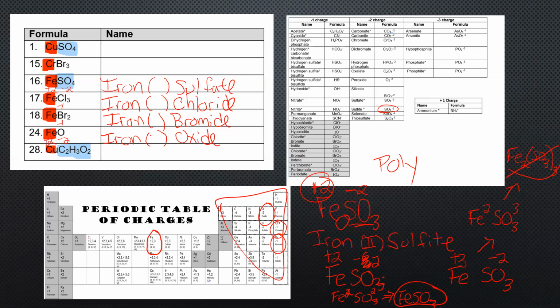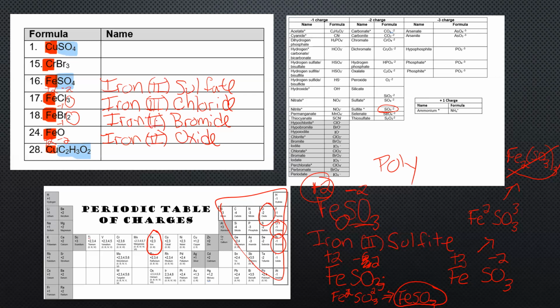So here we're going to get iron 2 and iron 2. Now looking here, this subscript would have come from iron, so that's going to be iron 3. This subscript also would have come from iron, so that one's going to be iron 2.